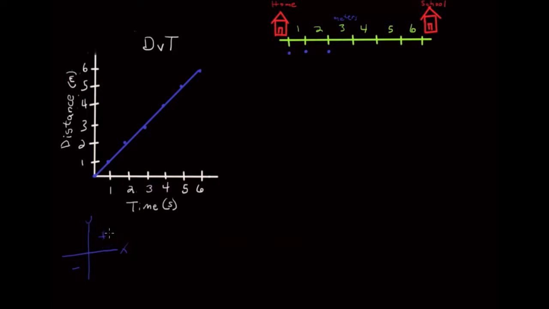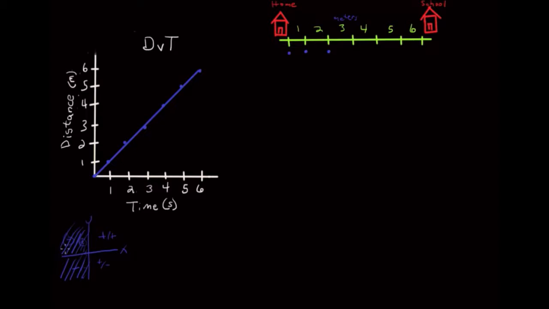We have positive, positive, negative, negative, positive, negative, negative, positive. This is the Y part, and this is the X part. But because time cannot be negative, we will never use this quadrant right here. Either one of these. Time cannot be negative.